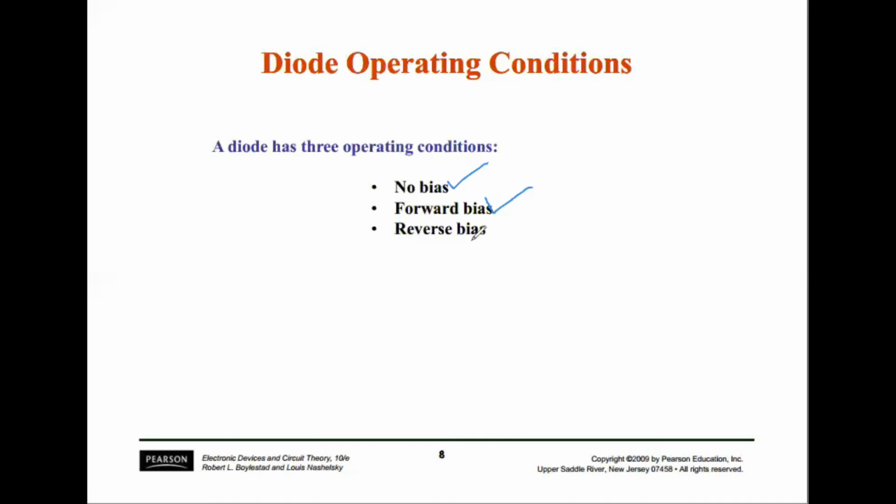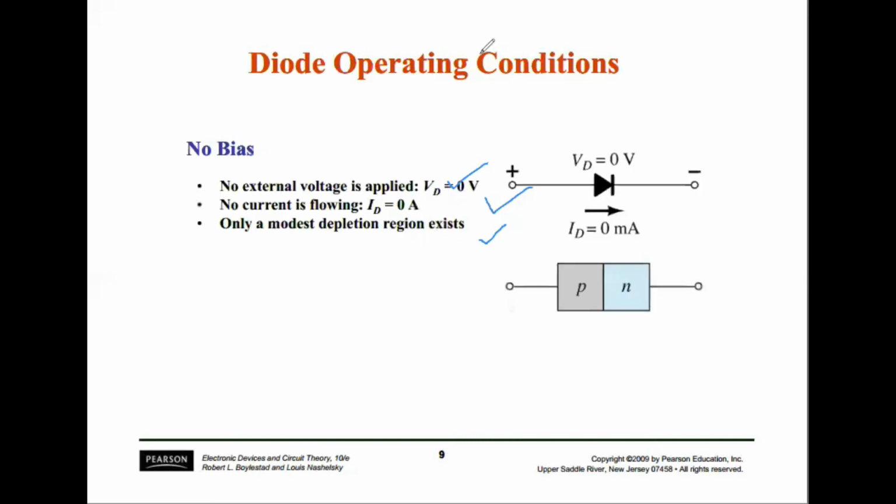And there is a third condition in which you are reversing the polarity of the battery which you applied in forward biasing, and that is called the reverse biasing. These are the three conditions we will be seeing stepwise. Okay, so this is the first condition where you are not applying any external voltage source.